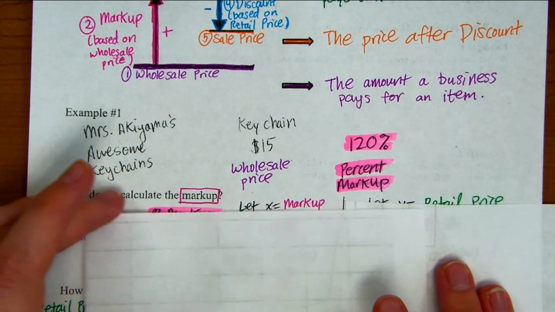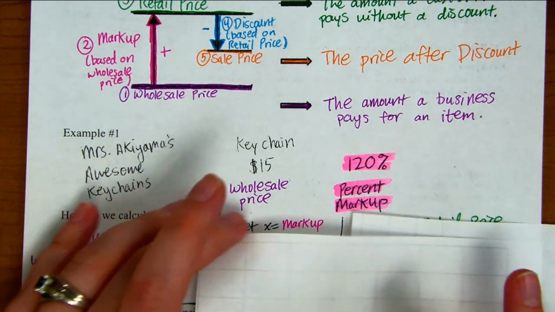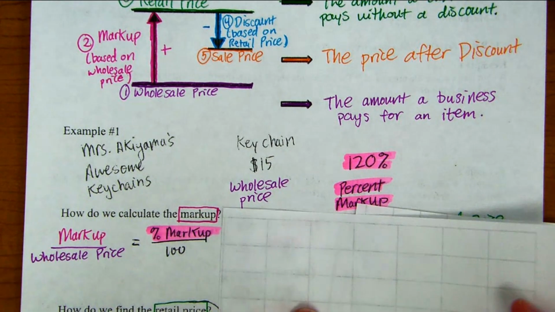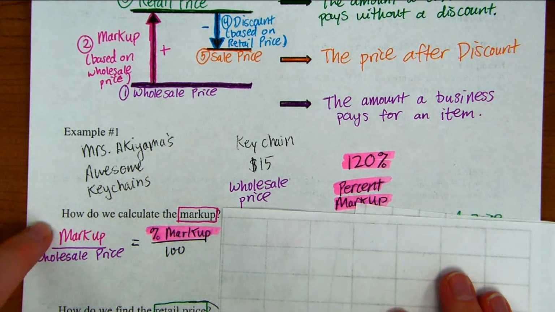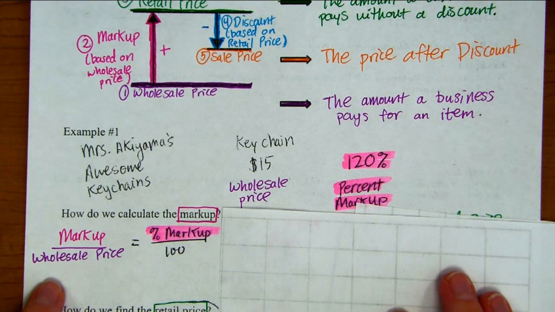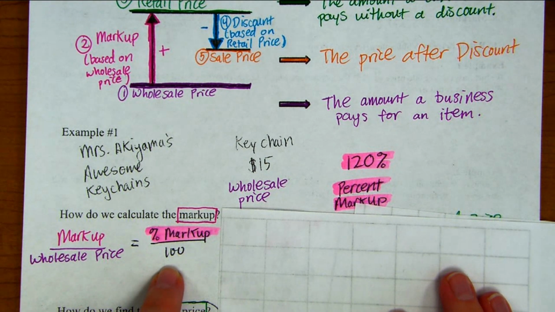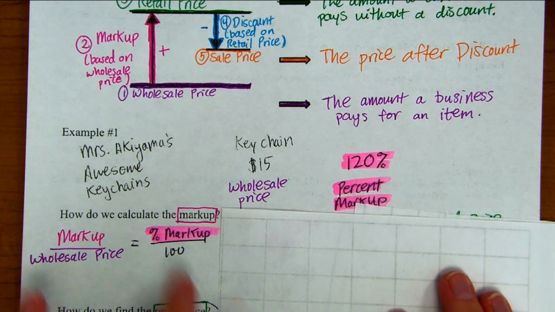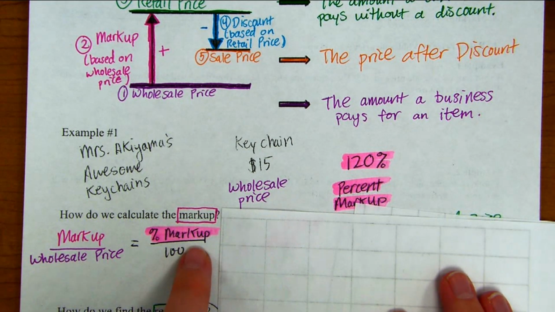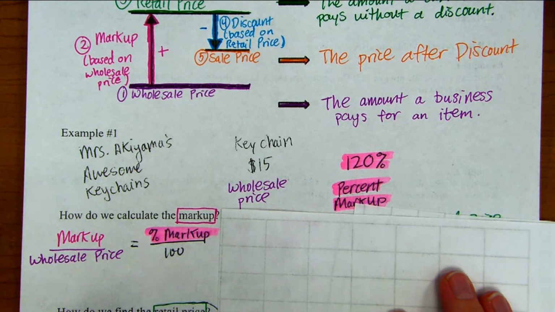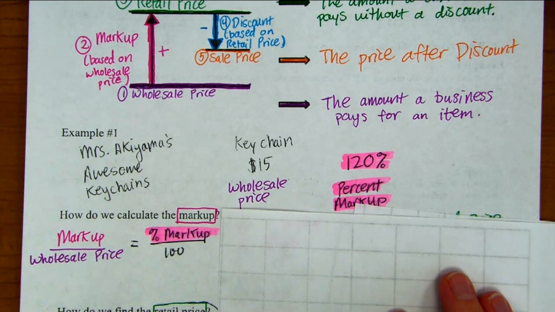To do that, we need to identify the amount of markup, the wholesale price, the percent markup, and 100. For us, we already know the wholesale price is 15, the percent markup is 120%, and the 100 stays the same. We just don't know what the markup amount is.